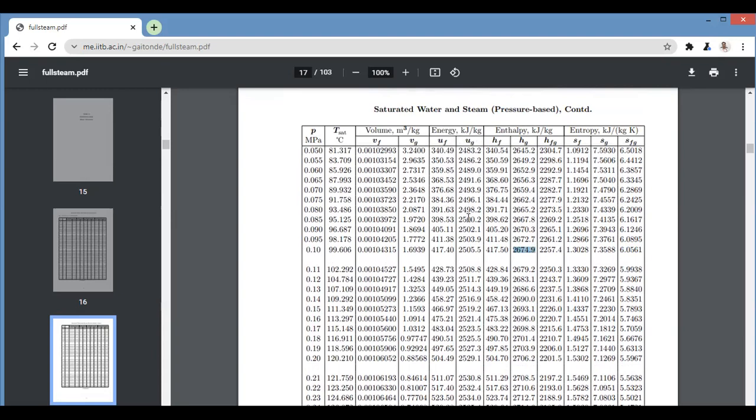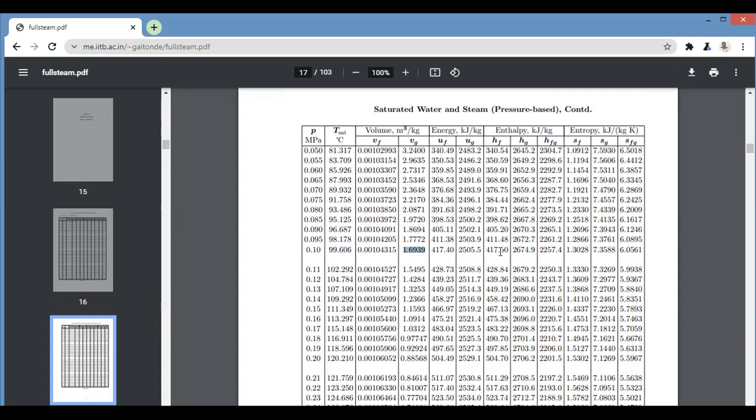If you are asked to find the specific enthalpy of saturated liquid, it is around 418 at 1 bar. 0.1 megapascal means 1 bar, atmospheric pressure. So at atmospheric pressure, the boiling point is around 100 degrees centigrade. The specific volume of dry saturated steam is 1.69.